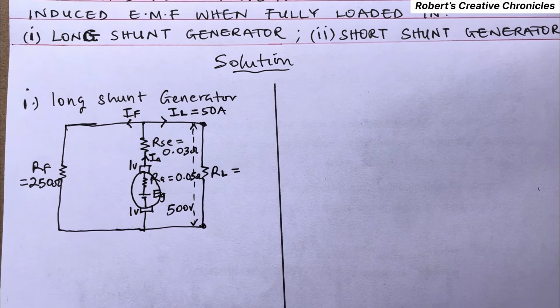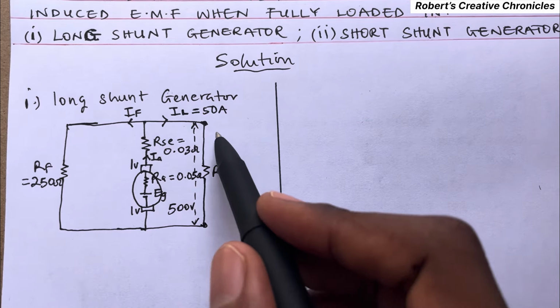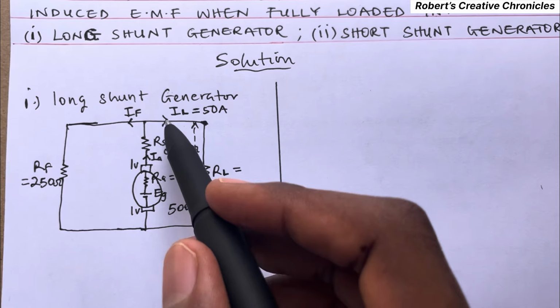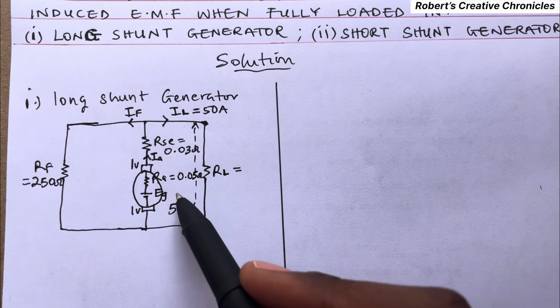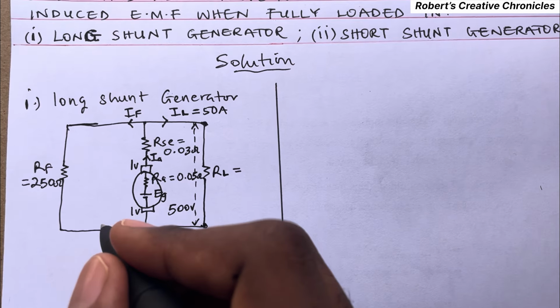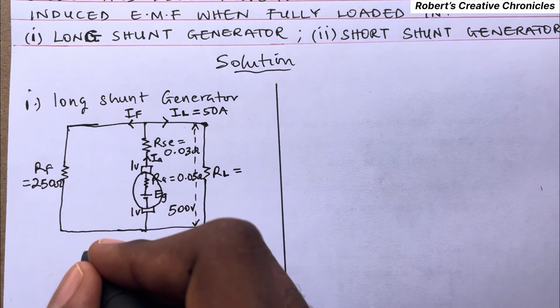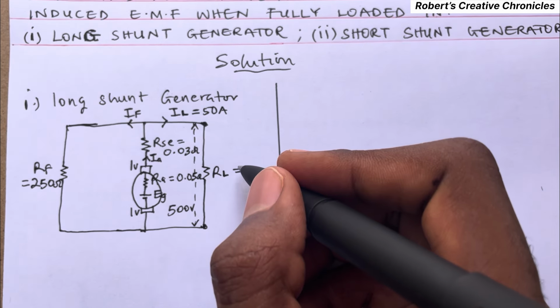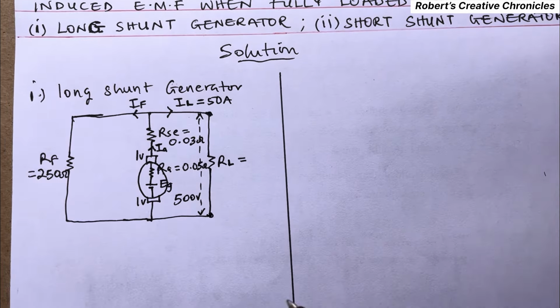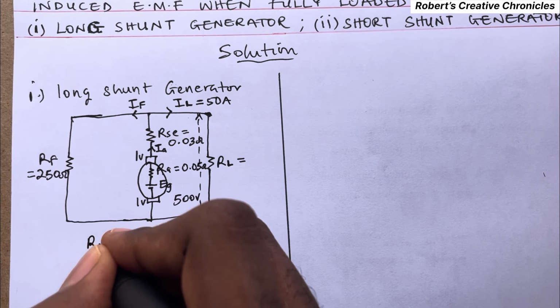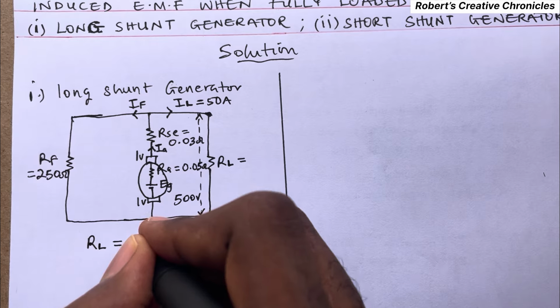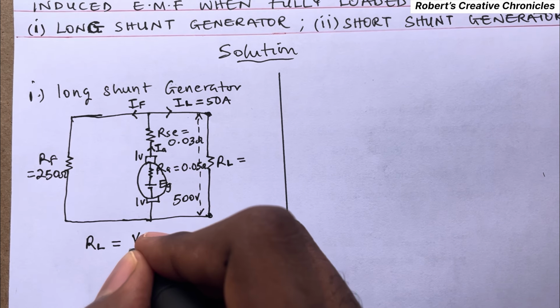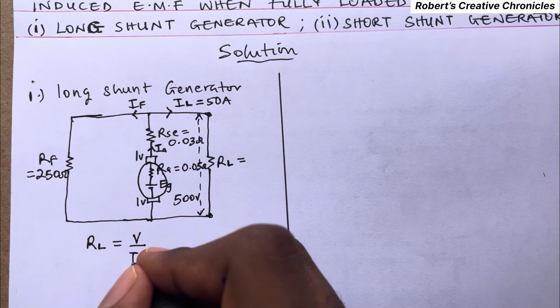So now, first let's find this RL. We have the current entering this branch and we have the voltage. So RL is equal to V over IL.